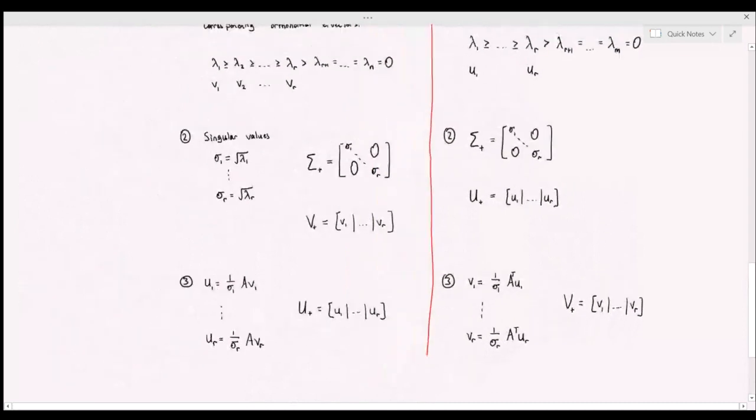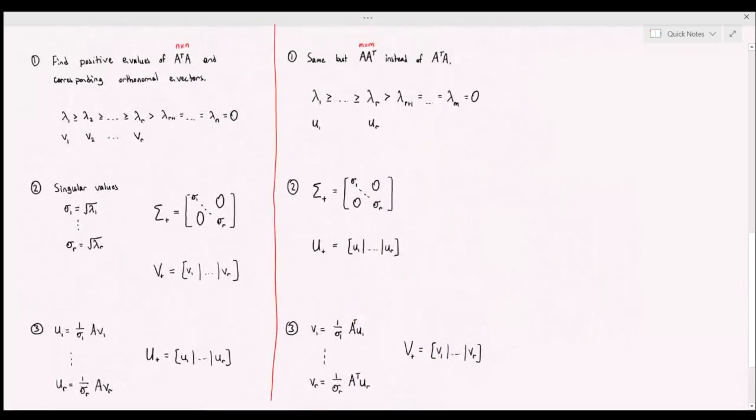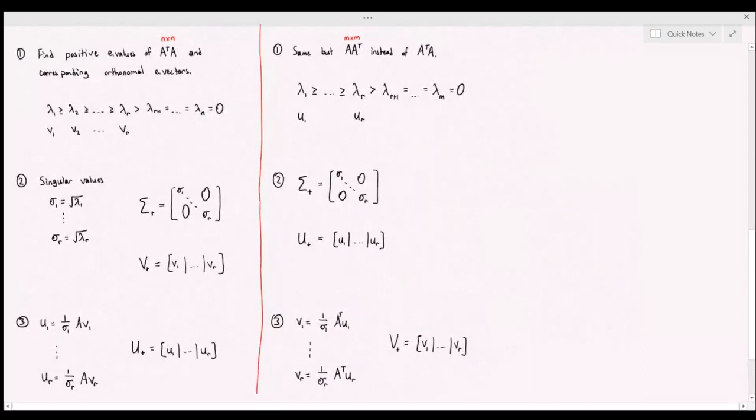So that's method one. Method two is basically the same, except you'll start with A A transpose instead of A transpose A. So you get the eigenvalues, and you only need to focus on the positive ones. You get the corresponding orthonormal eigenvectors.